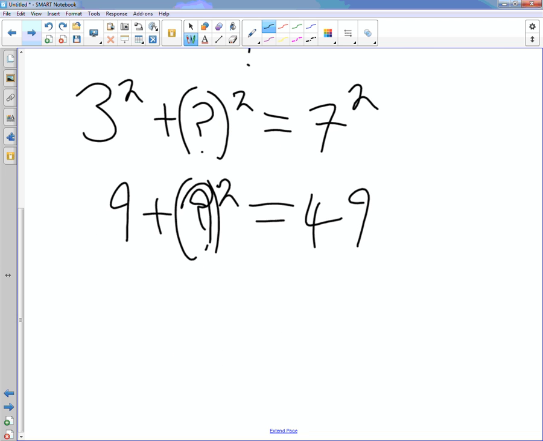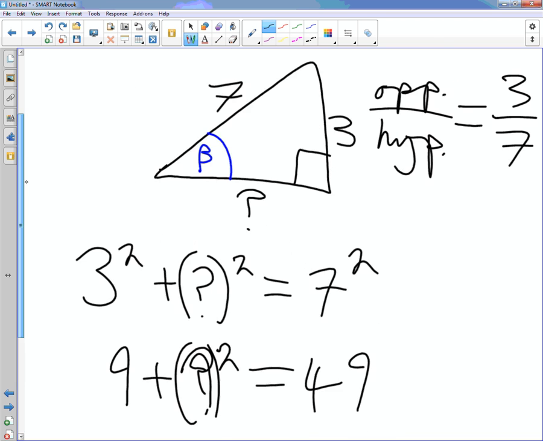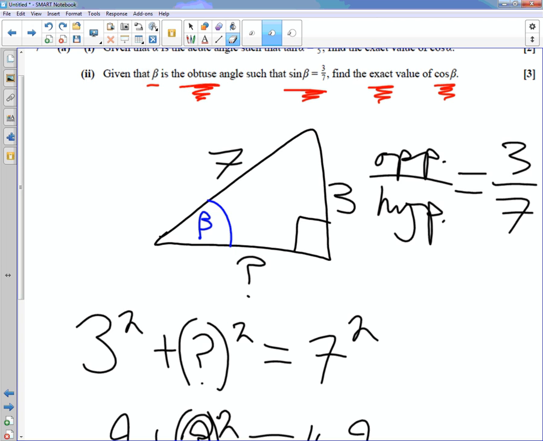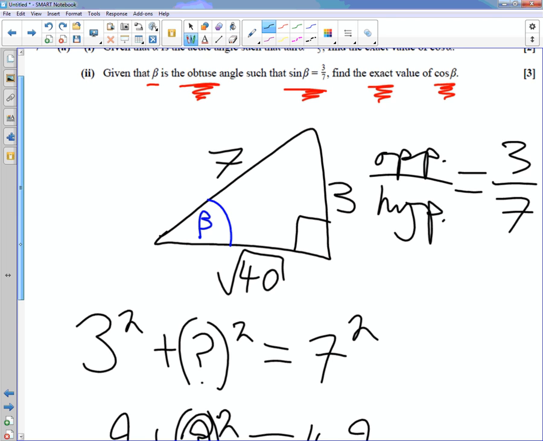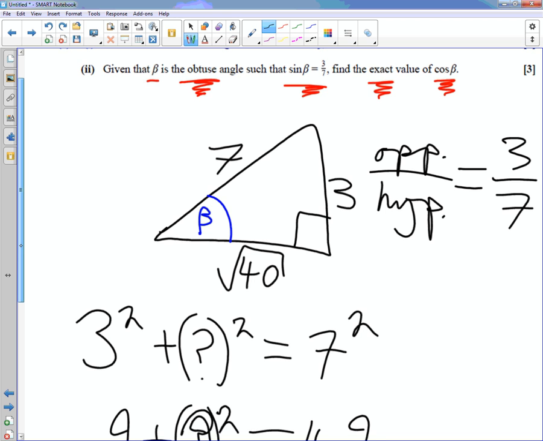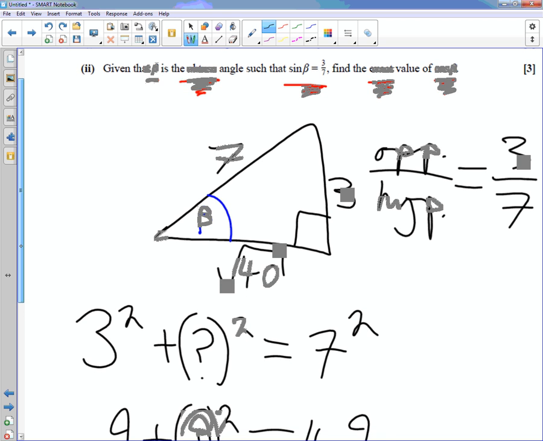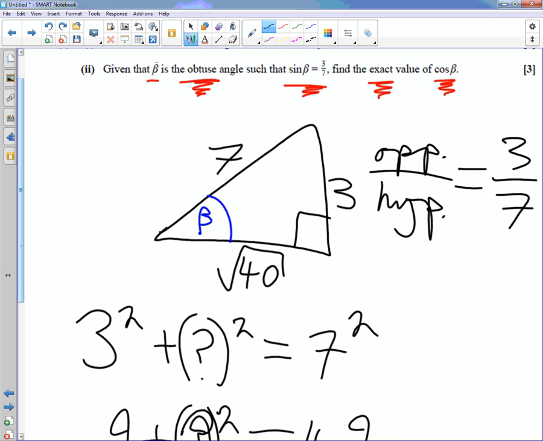So our adjacent side equals the square root of 40. Now, we can stick that in our diagram. And so, we can say that cos beta always has a size of the square root of 40 divided by 7.